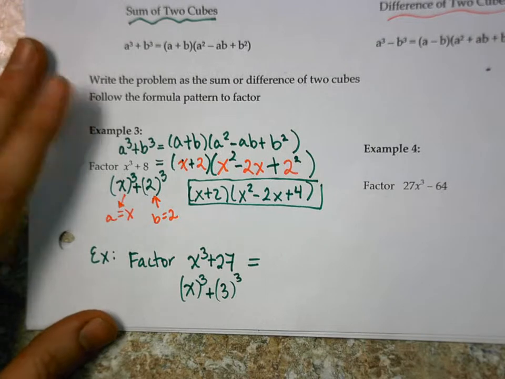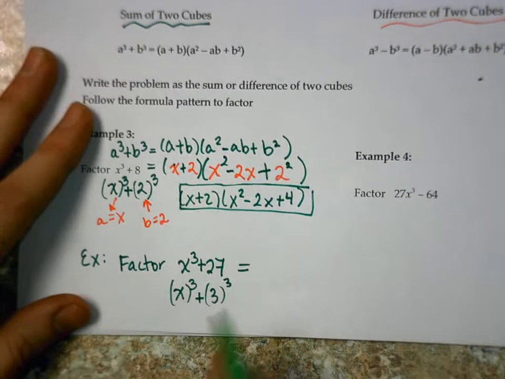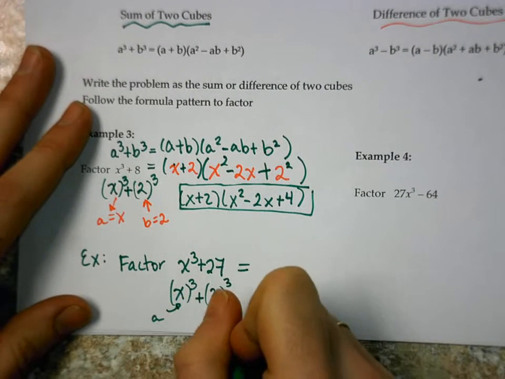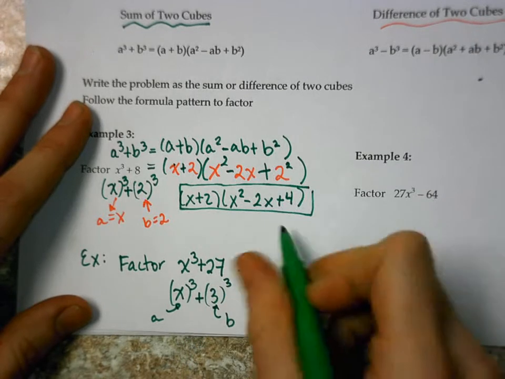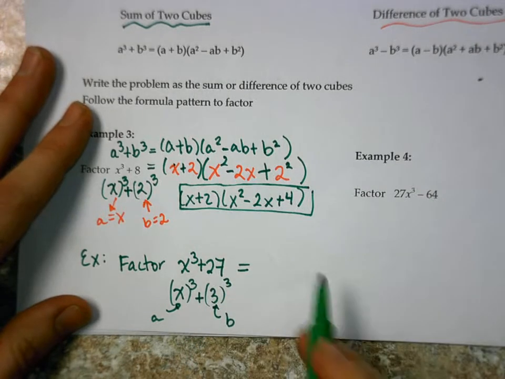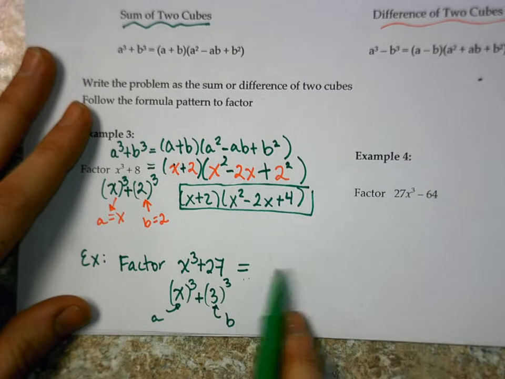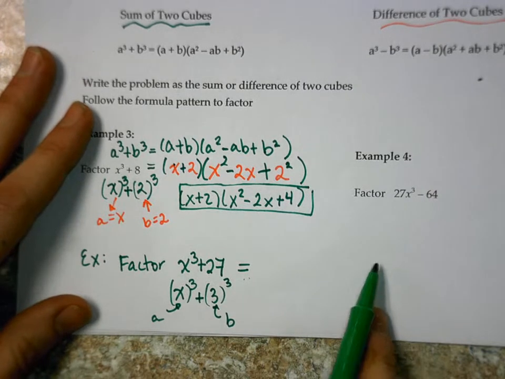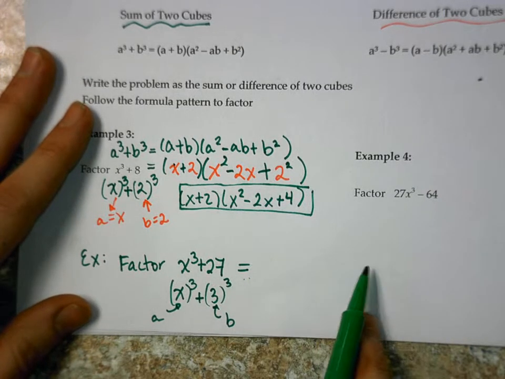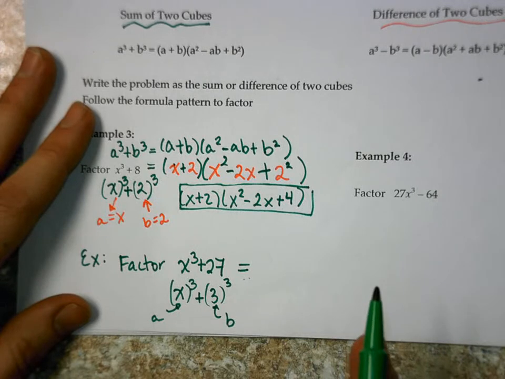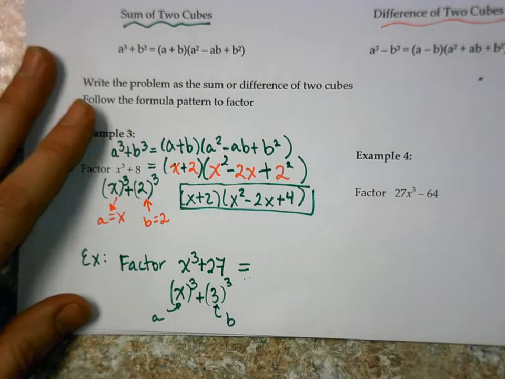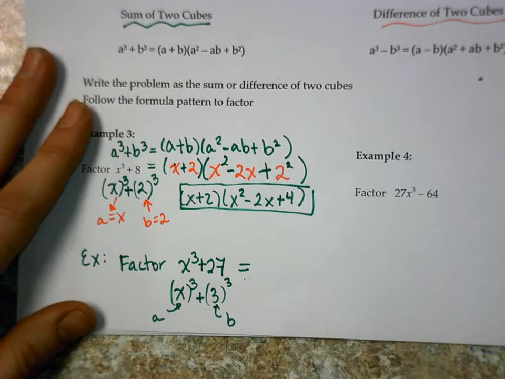So I'm going to plug this in as a and plug this in as b and see what it factors down into. Now I'm going to give you a second. I want you to try this one on your own, and then I'll give you a few helpful hints of how to memorize that formula. Okay, so go ahead and do that, and we'll start up in a second.